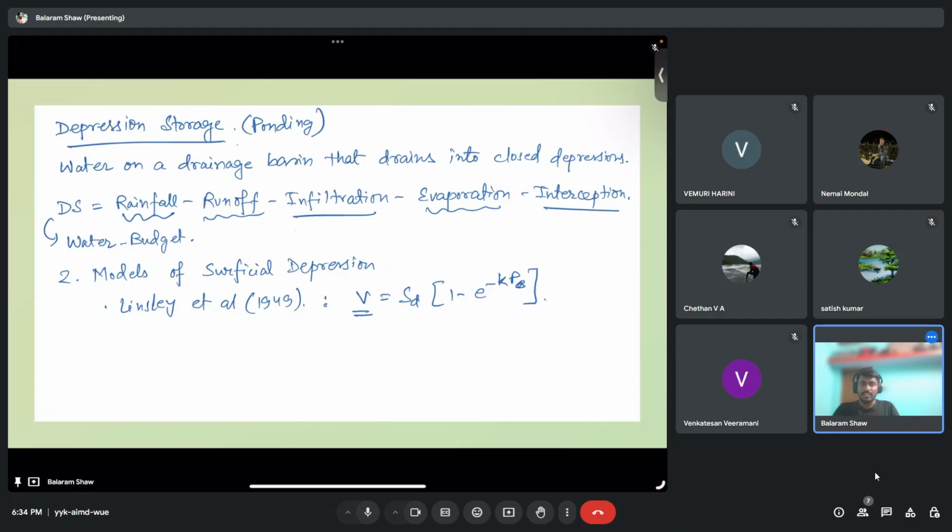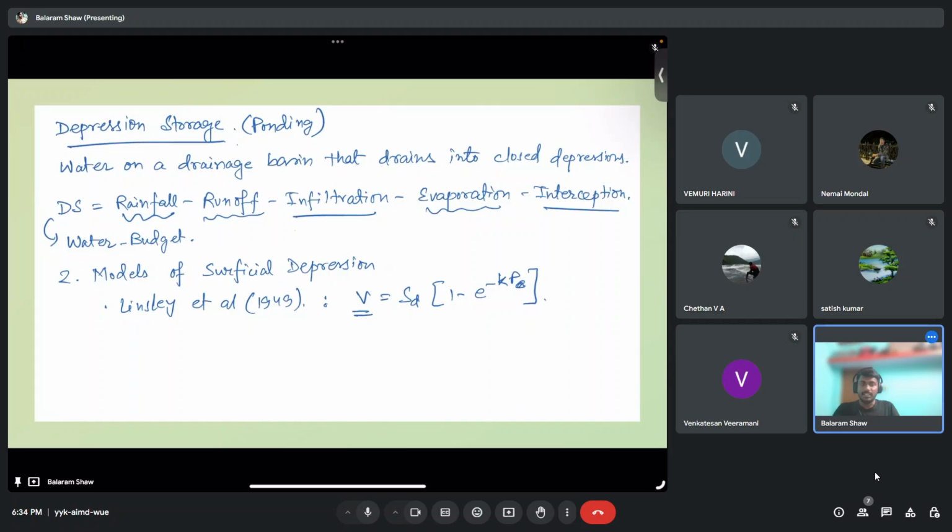Okay, so the next abstraction is evaporation. As I mentioned, what is evaporation? Evaporation is the process whereby liquid water is converted into gaseous water vapor, right? So there is a change in the phase of water.